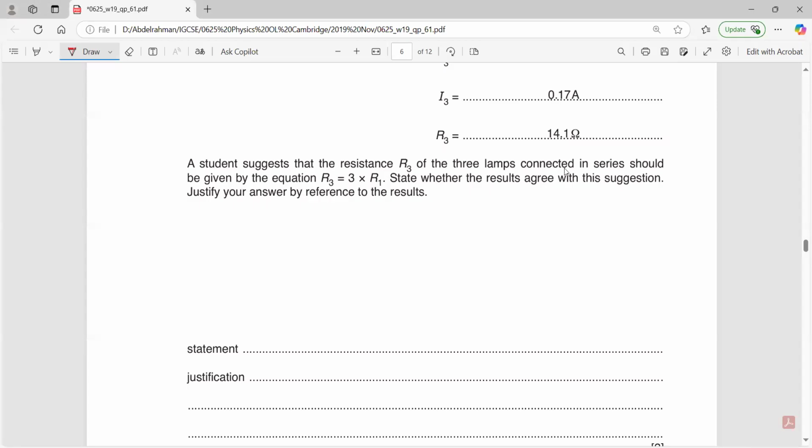Let's calculate it. 3 times R1. What was R1? 8.33. So 3 times 8.33 would be 24.9. And R3 is 14.1. Are they equal? We need to find out. 24.9 divided by 14.1. The larger number divided by the smaller number.